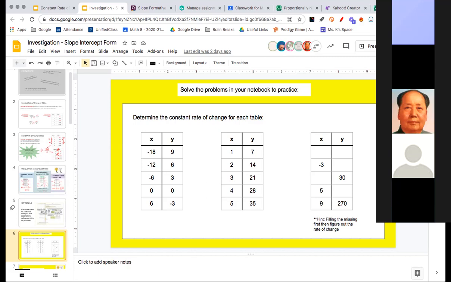Is number 1 times -2? 1 times -2. So, yep, tell me more. So the rate of change is -2. Did I hear you correctly? I said times -2. Okay, so let's make sure we can check that that's true.